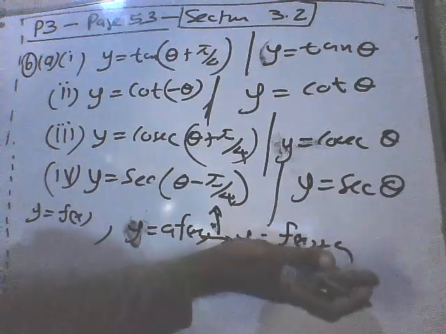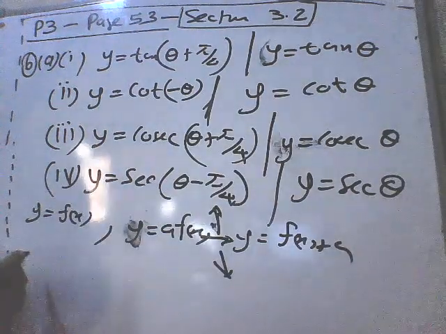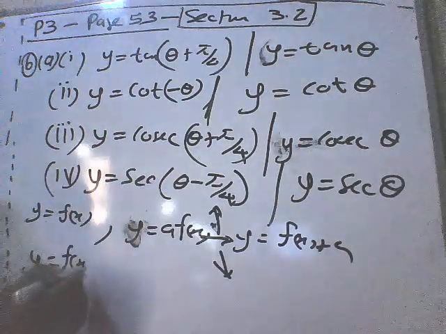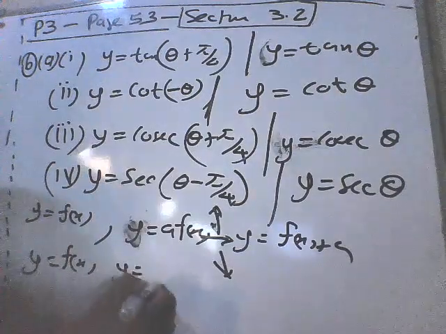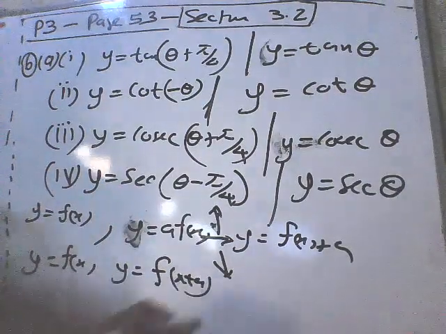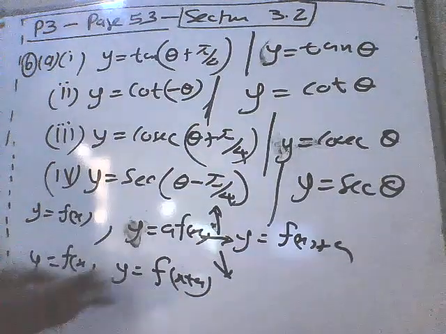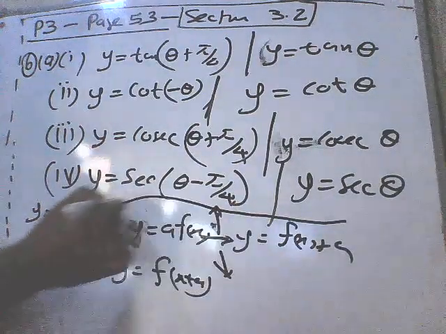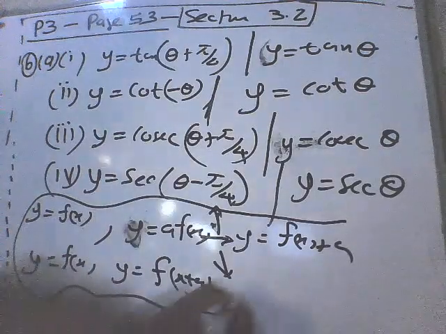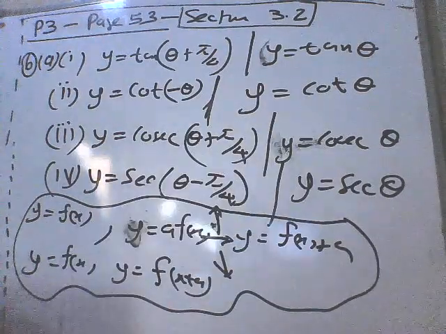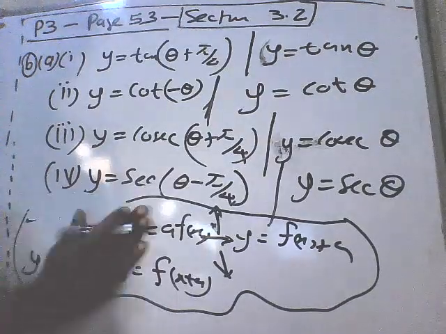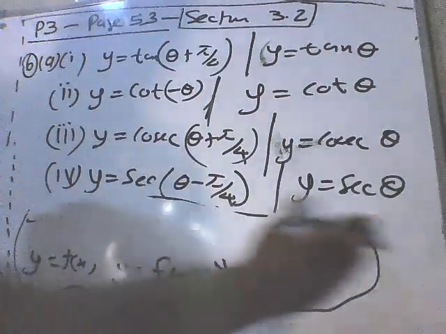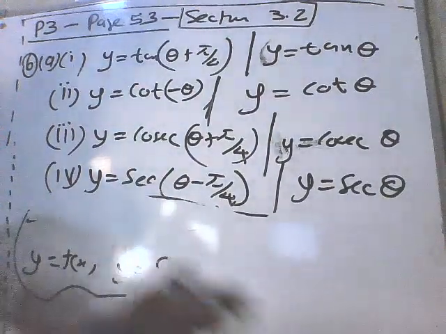If it is plus a, it gets shifted. And if you consider y equals f(x plus a), it's the opposite thing, it gets shifted to the left. Using sample coordinates you should be able to do it. So now we have to identify what has happened.